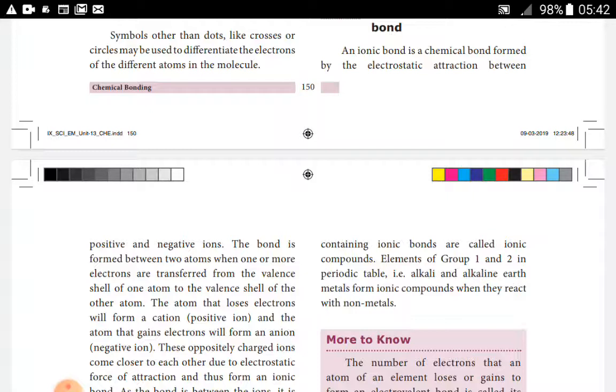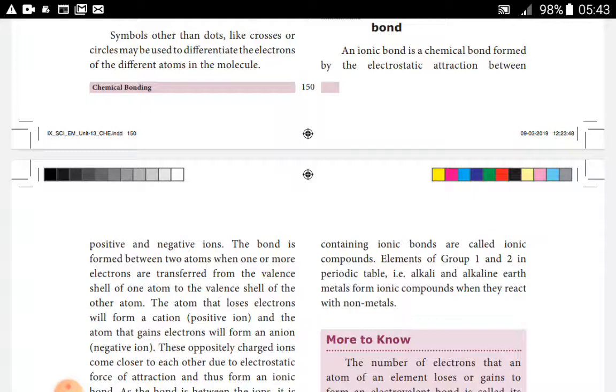This ionic bond is formed between oppositely charged ions, between a positively charged ion and a negatively charged ion. A positively charged ion is called a cation, and a negatively charged ion is called an anion. Between these two different types of ions, there is a force of attraction that is called electrostatic force of attraction.